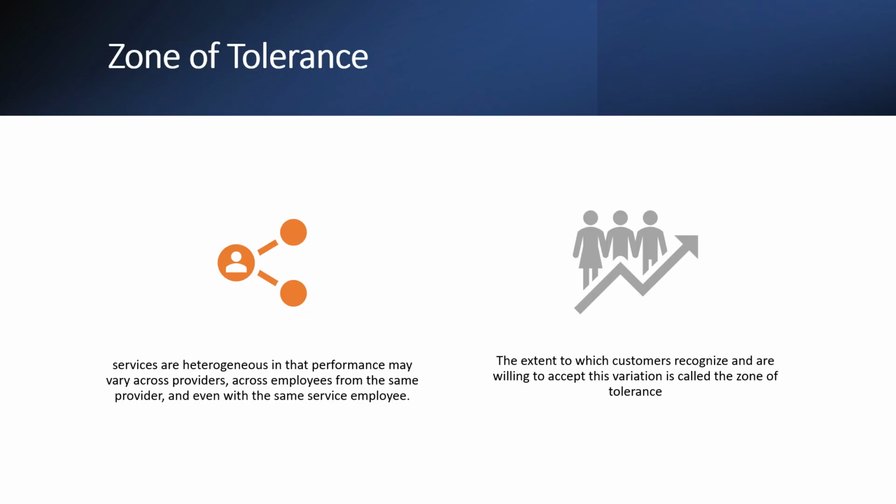So the zone of tolerance simply explains that customers do not evaluate service using a single fixed standard. Instead, they have a range of acceptable performance, and this range expands or contracts depending on context, experience, and personal factors. Organizations therefore should aim to deliver service consistently above what we call adequate service.